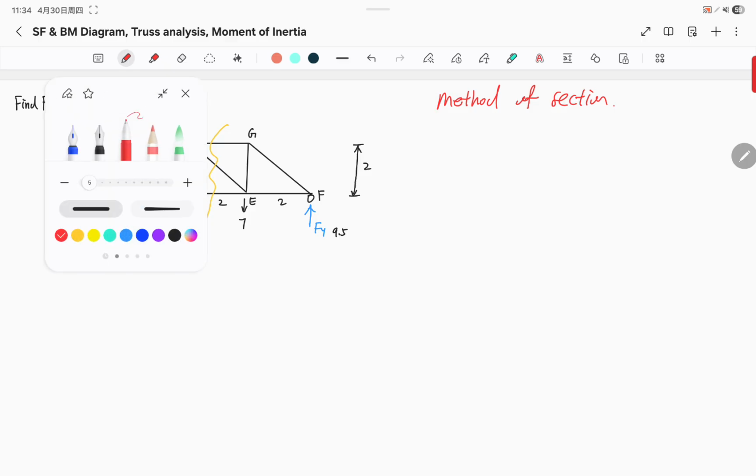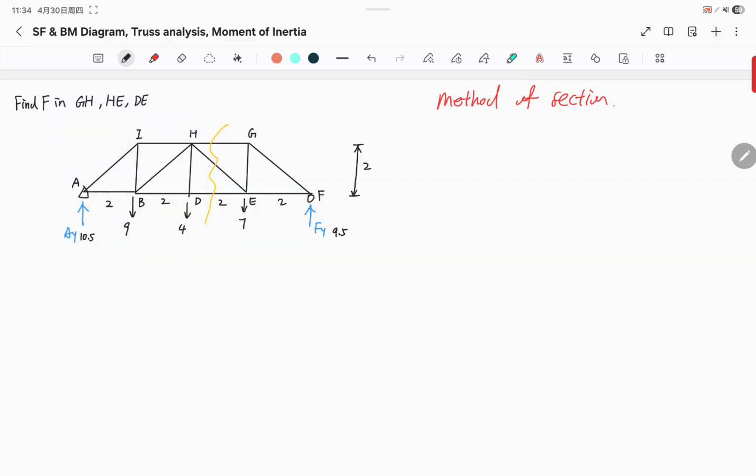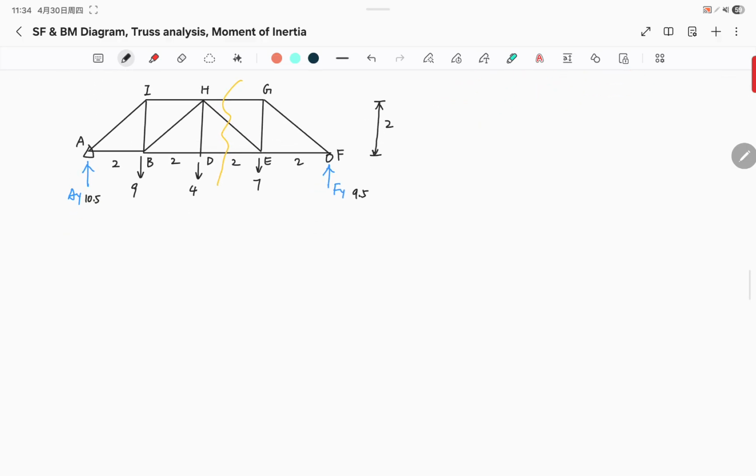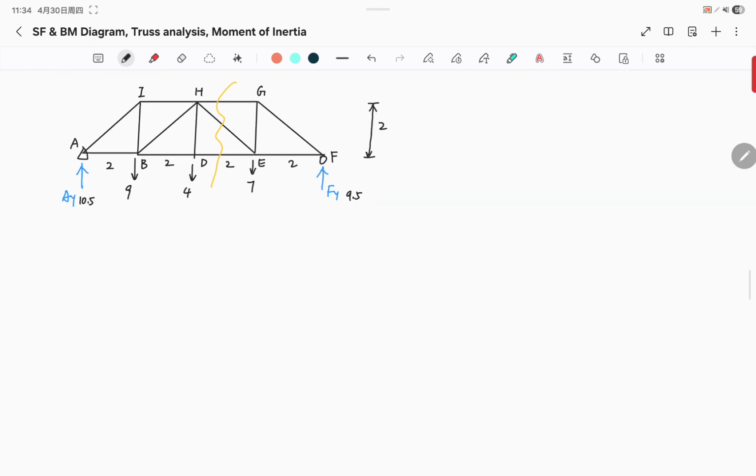So, step 1, we're gonna find the reaction forces at the supports. By observation, we see there's no force in x direction, so I can still write that Ax is equal to 0.